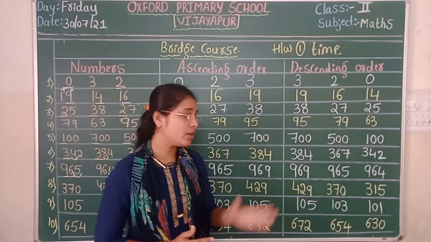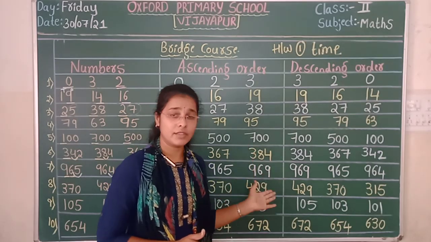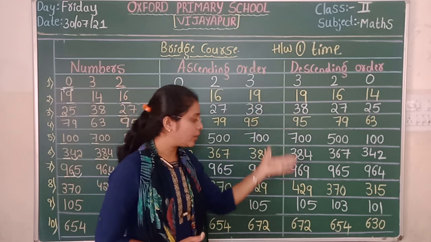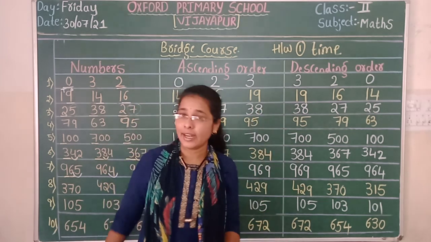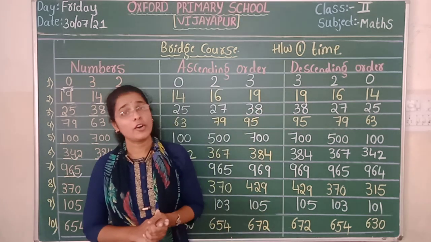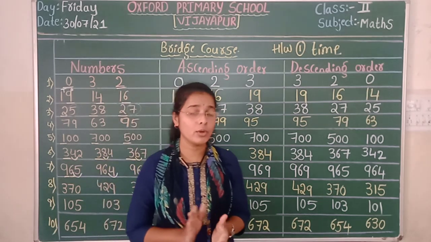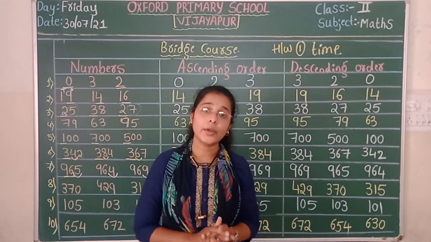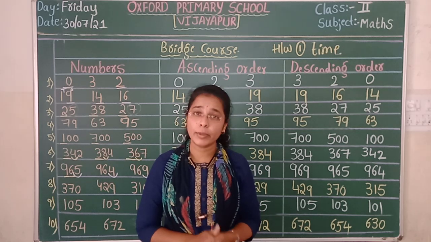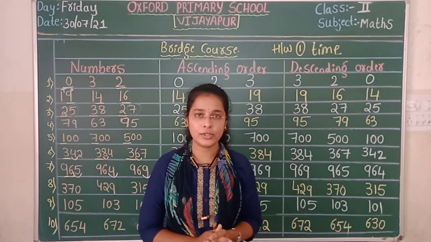You have to pause the video and check your answer with these answers. At first you have to copy down all these 10 numbers in your notebook. Afterwards, I will give you some homework questions in the notebook. So you have to open your classwork and copy down the remaining homework questions.